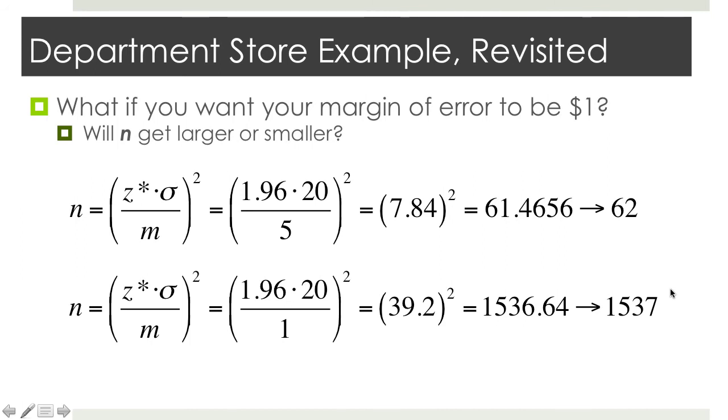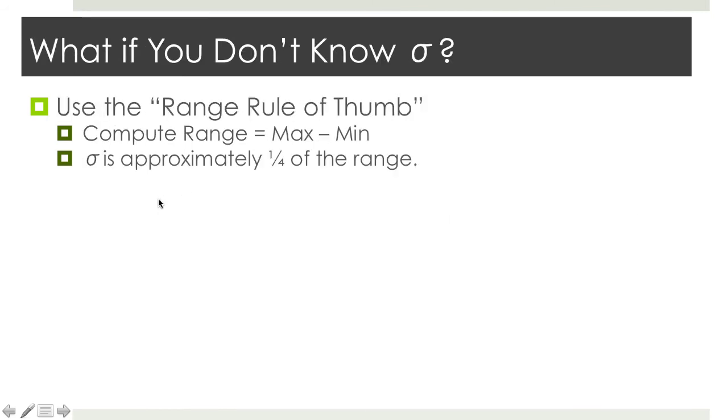Now this was a scenario where we knew the standard deviation sigma because of many years of data. What if we don't know the population standard deviation? In this case, there is what we call the range rule of thumb. So it's a rule of thumb related to the range of the data. Recall from a much earlier topic, the range of a data set is its max minus its min.